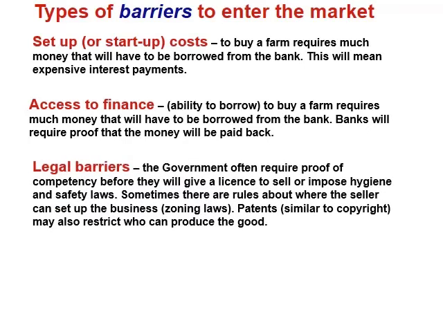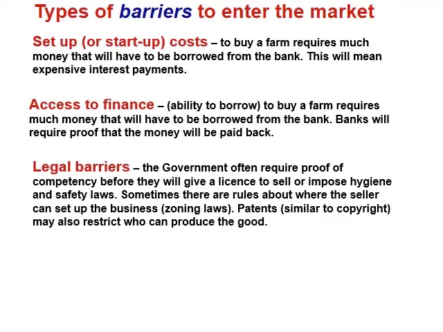Legal barriers. The government will often require licenses to operate, so you have to meet a certain standard before you'll be given that license. Restaurants, for example, have to meet safety requirements and also hygiene standards because they're supplying food, of course.